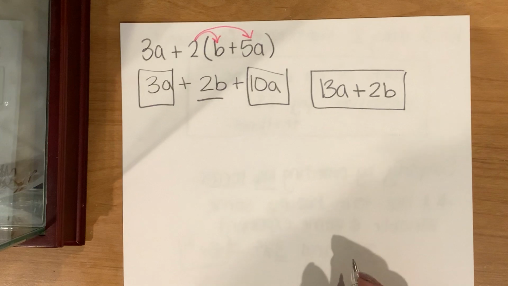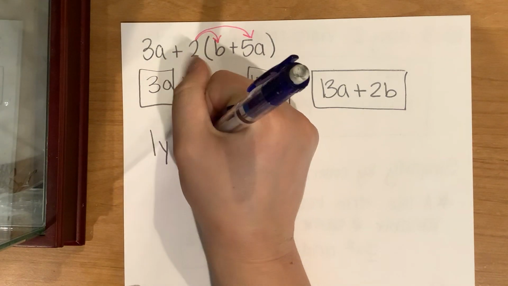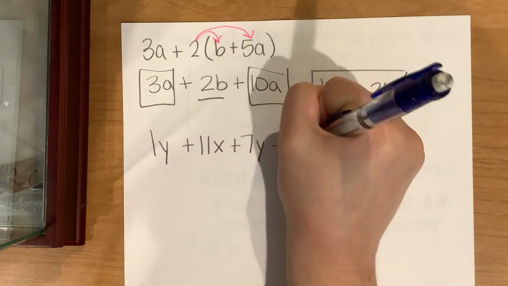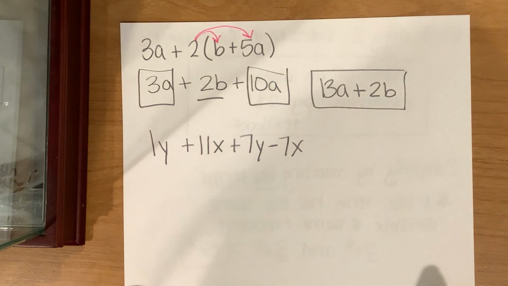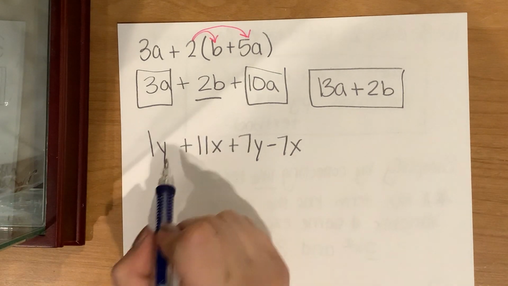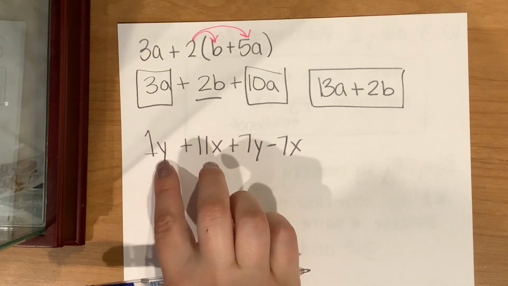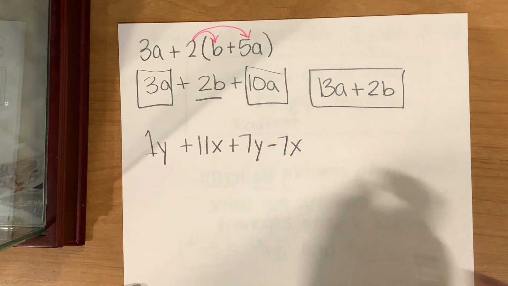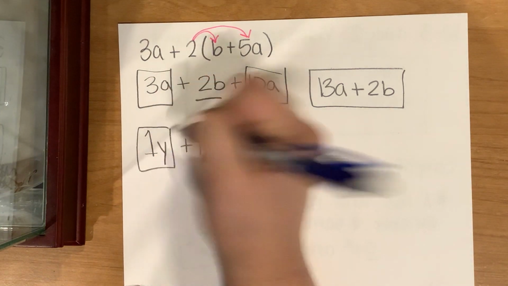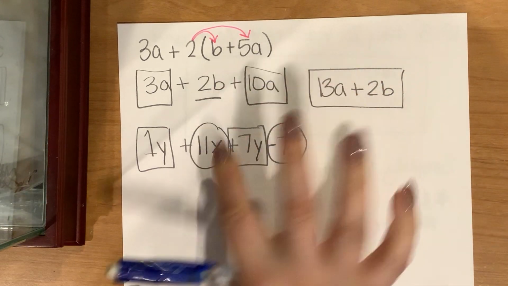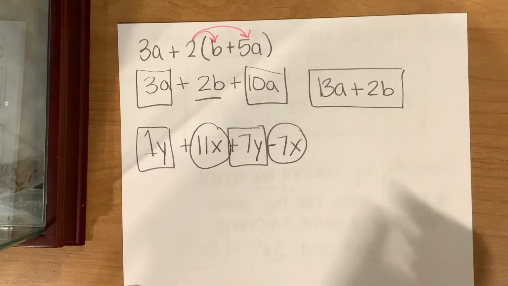Let's try another one. 1y plus 11x plus 7y minus 7x. Collecting like terms again. This time they've given me a 1 in front of my y. If y was just there, we would know that the 1 is implied. So I'm going to put a box around my like terms. I boxed my y's and I circled my x's.